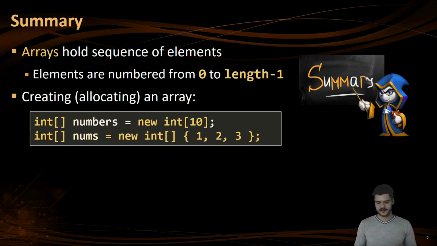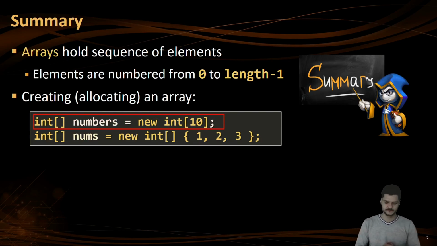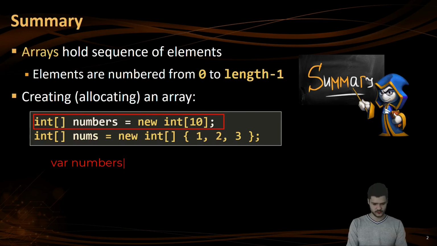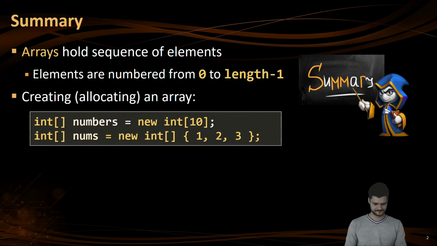How do we create and allocate an array? As you can see here, this is how we initialize an array. In C# we have one more way: just declare a variable, and then new, and then the length of the array. Practically the same thing. It depends on you which you consider cleaner.